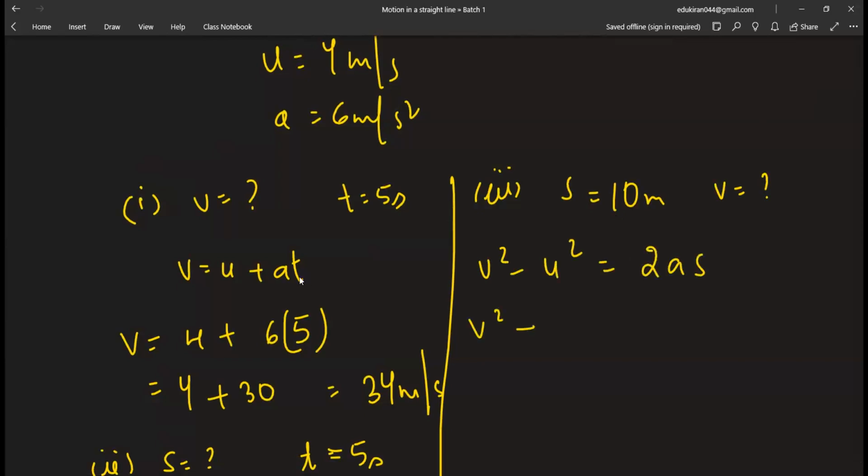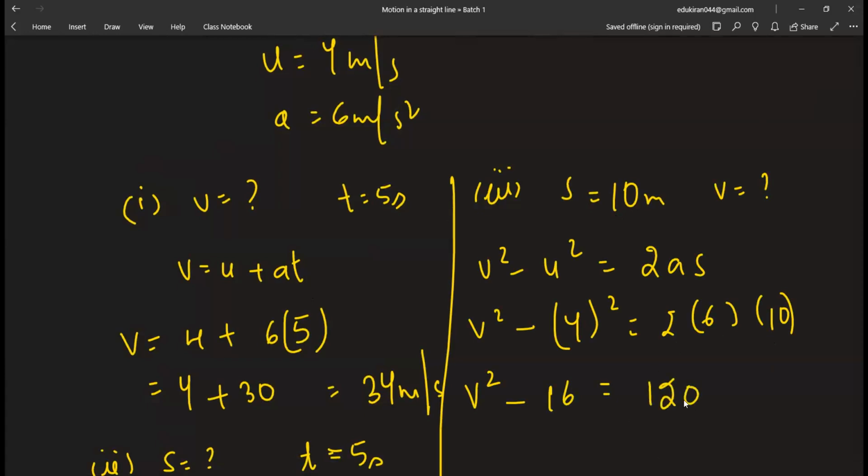So v square minus u square, which is 4 square, 2 into acceleration 6, displacement 10. So v square minus 16 is equal to 12 into 10, which is 120, right?